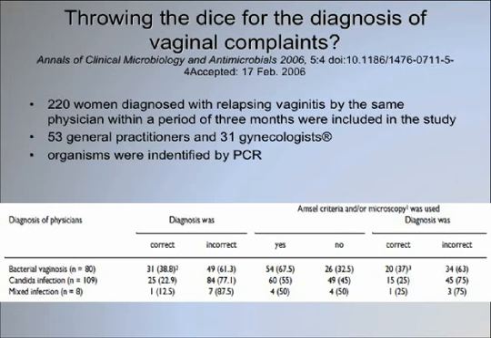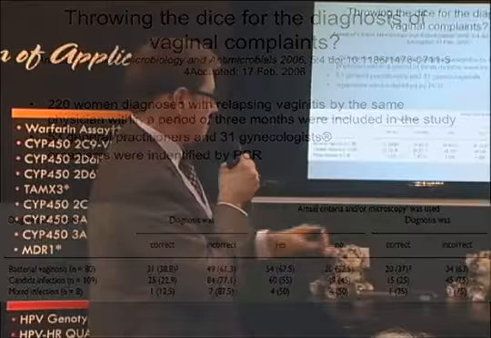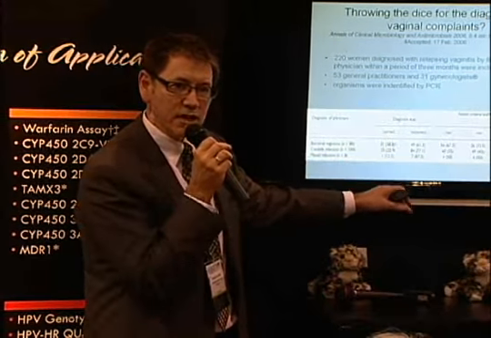You can't see this, but let me explain. For bacterial vaginosis, the physicians were incorrect 61% of the time. They would be better off just flipping a coin. For Candida infections, they were wrong 77% of the time. And for mixed infections, which involved Candida and bacterial vaginosis, they were wrong 87% of the time.